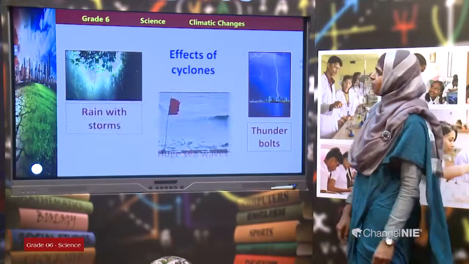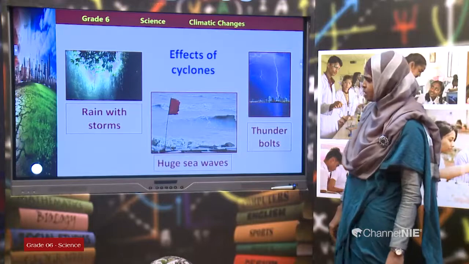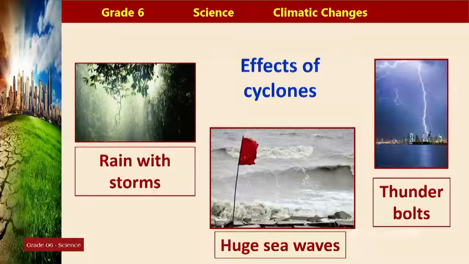Let's see what the effects of cyclones are. Yes, children, rain with storms, as we saw in the video. Heavy showers can be expected with storms. Wherever the area, it might extend up to 100 or 200 kilometers. Right? Heavy showers can be experienced in such regions. Even huge sea waves.